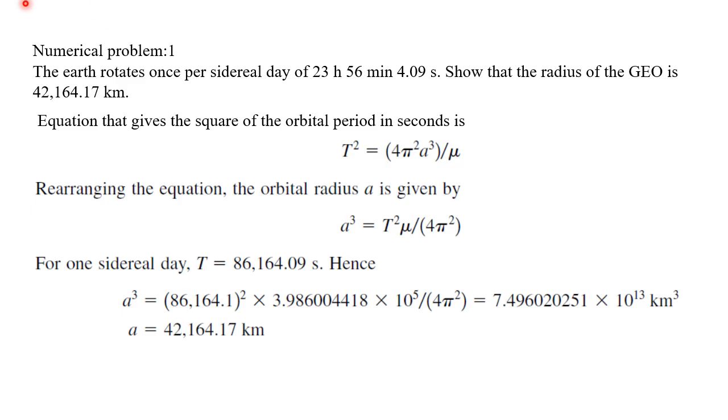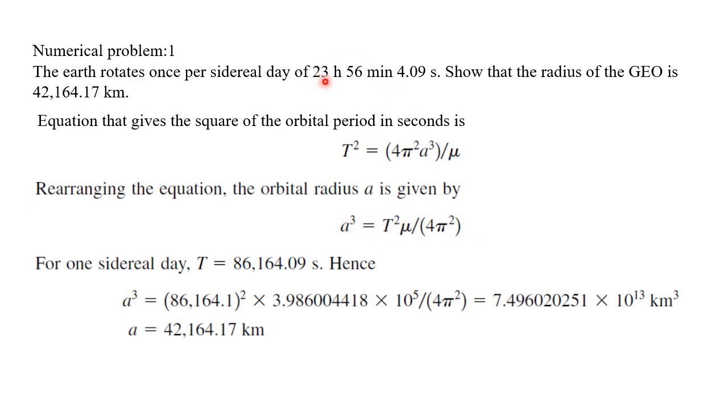Let us try to solve one numerical problem. The Earth rotates once per sidereal day. The value is given. Show that the radius of the GEO is this one. Very simple problem. We have already derived this equation, T squared equals 4 pi squared a cubed divided by mu. So a cubed can be written in this way.